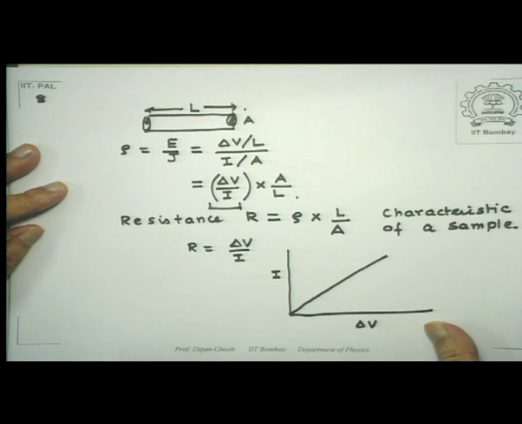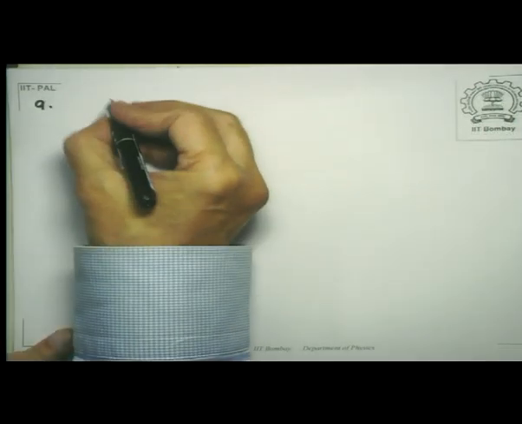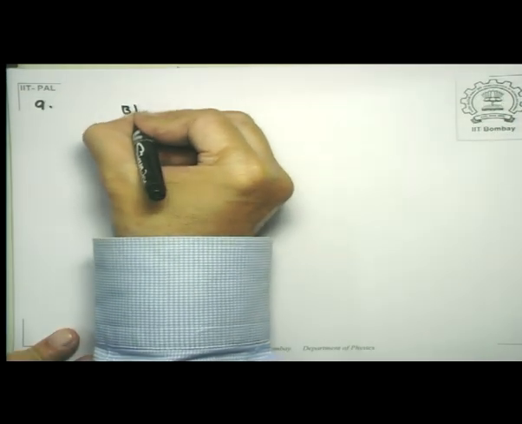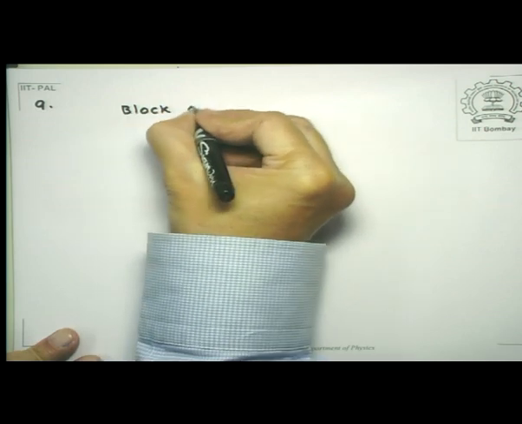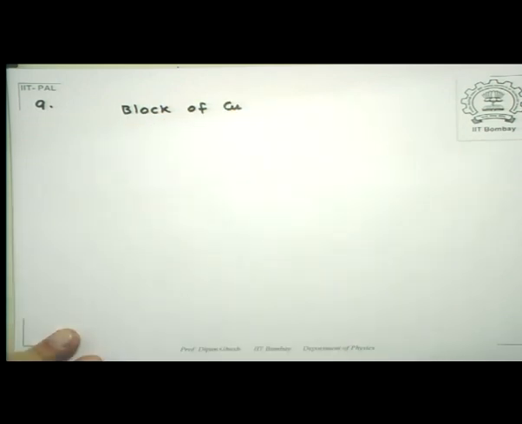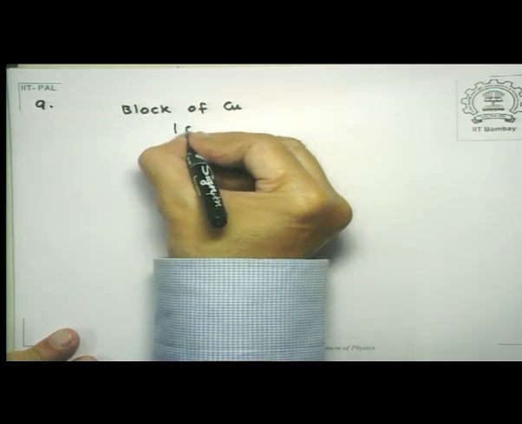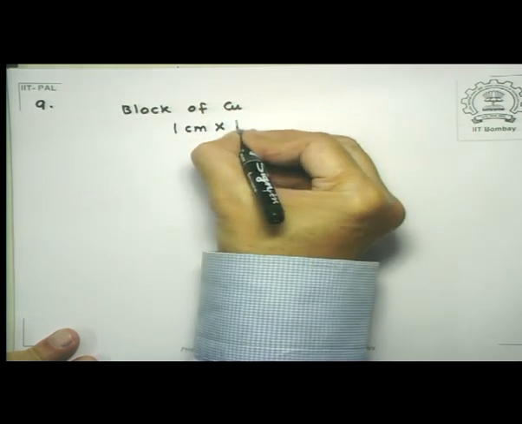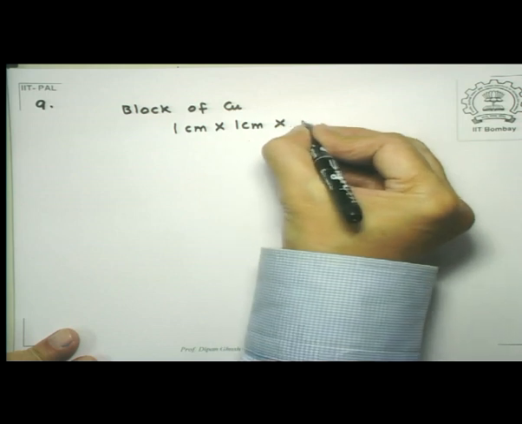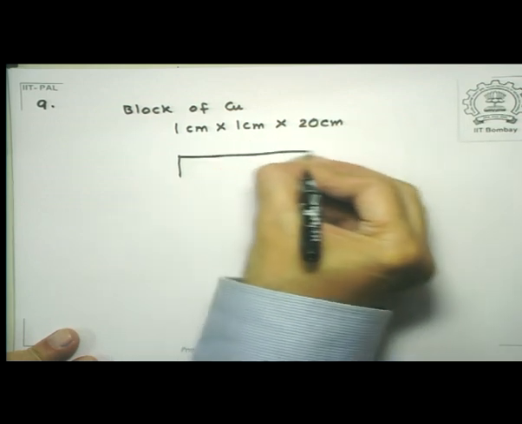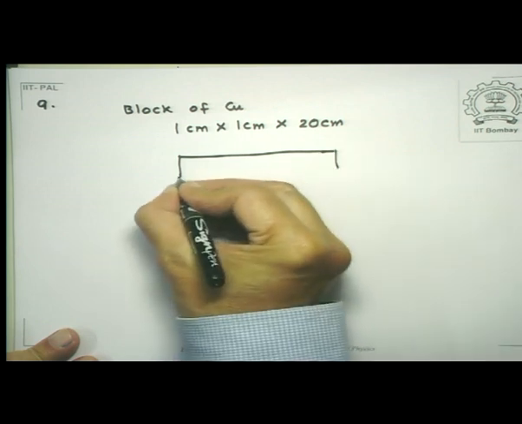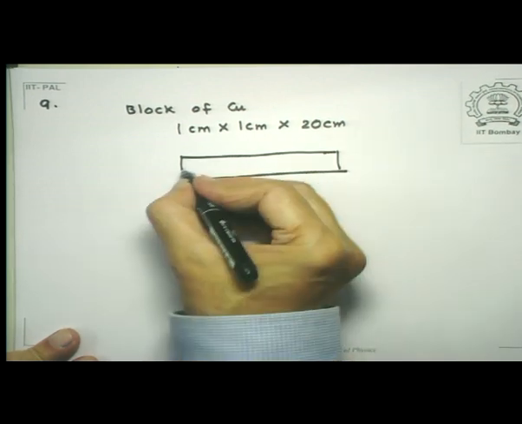So, let me give you an illustration to calculate the resistance of a sample. Let me take a block of copper. Suppose it has a dimension of 1 centimeter by 1 centimeter by 20 centimeter. Let me try to draw it, not to scale obviously, because length should be 20 times as much.